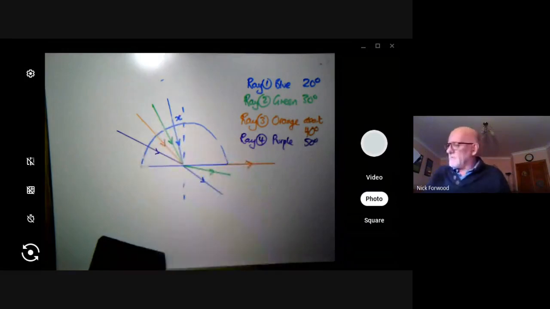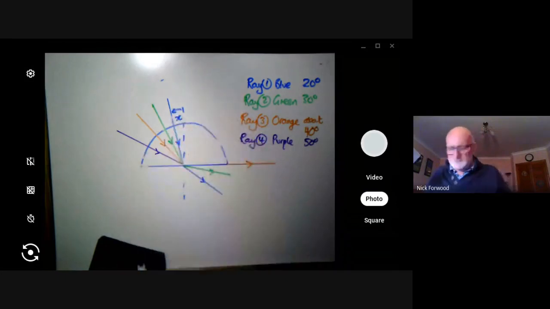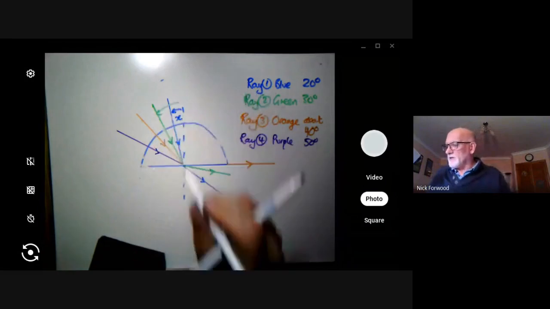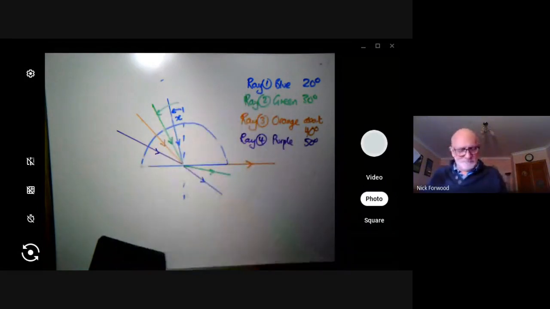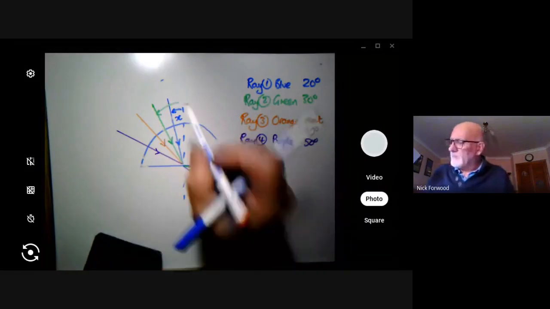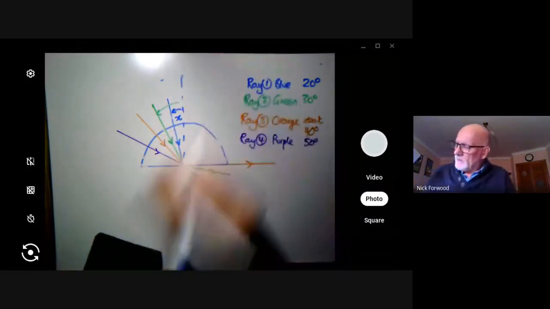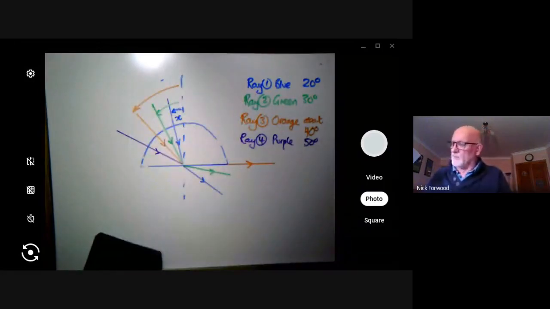So I've got 20 degrees there. The green one is measured round to there. All angles are measured between the normal and the ray of light. That's 30. The orange one from the normal all the way around there is about 40.